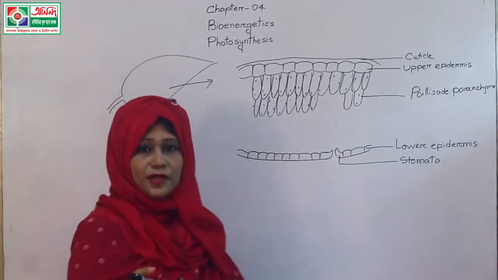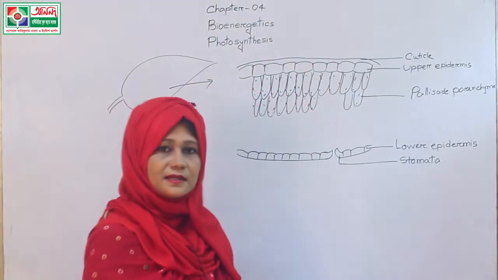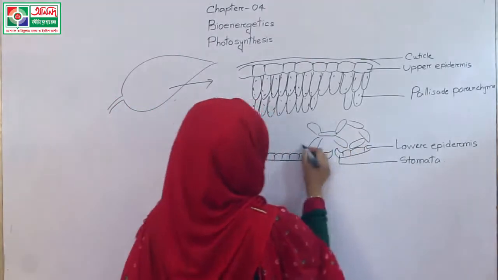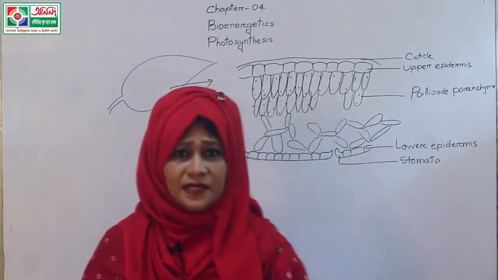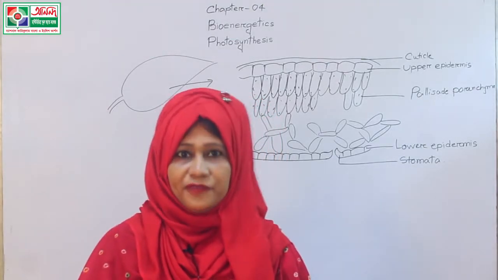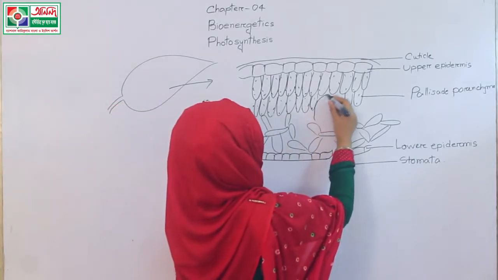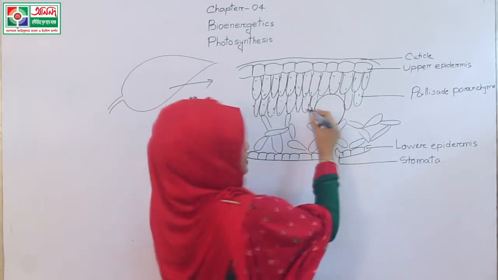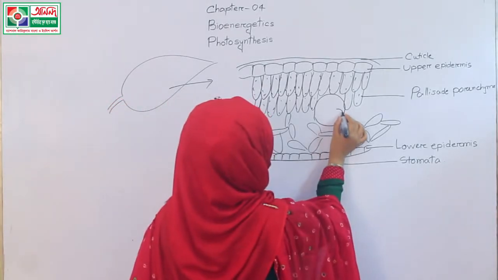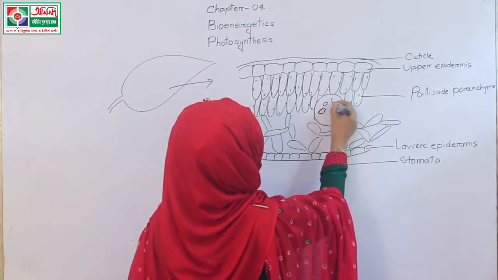And in the lower epidermis or hypodermis, there are some parenchymatous cells. These are known as the spongy parenchyma. If we cut the section near to the veins, then we will get this structure, and this structure is known as the vascular bundle. And here I am drawing phloem. These are the phloem and these are xylem.